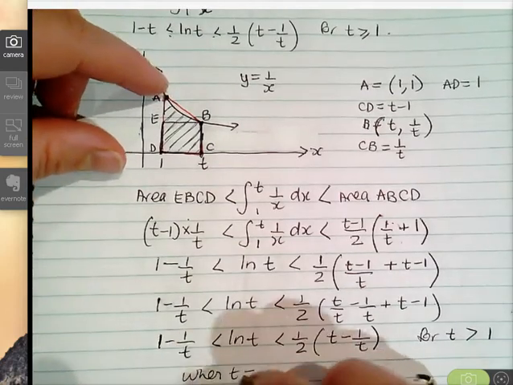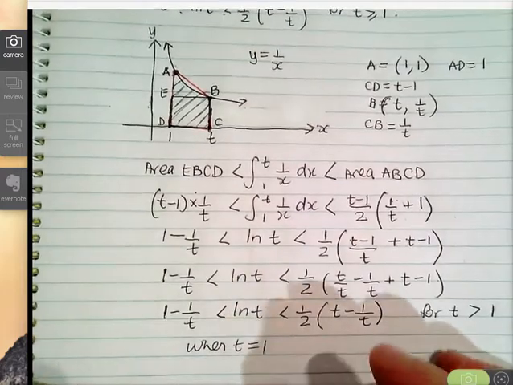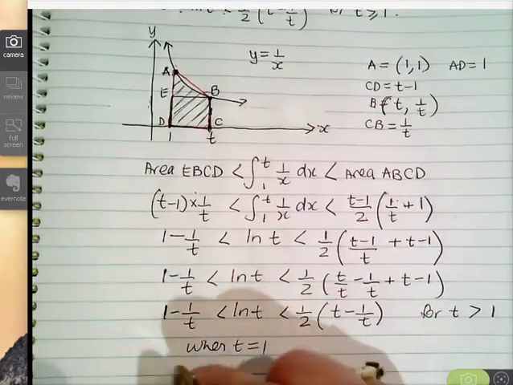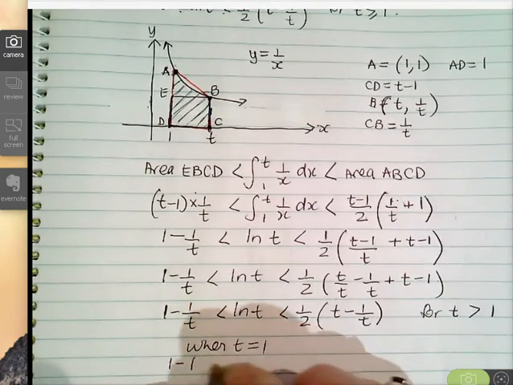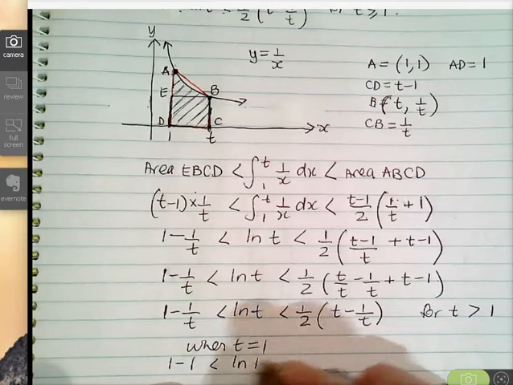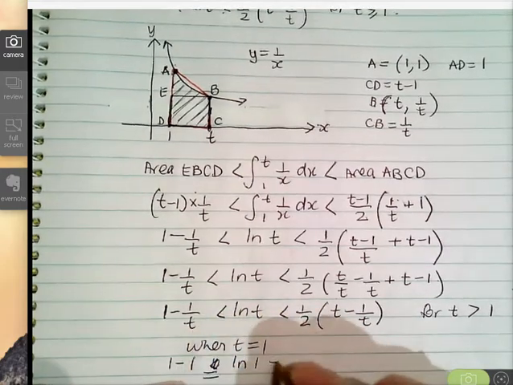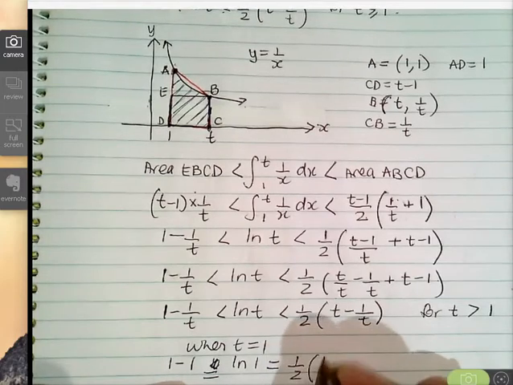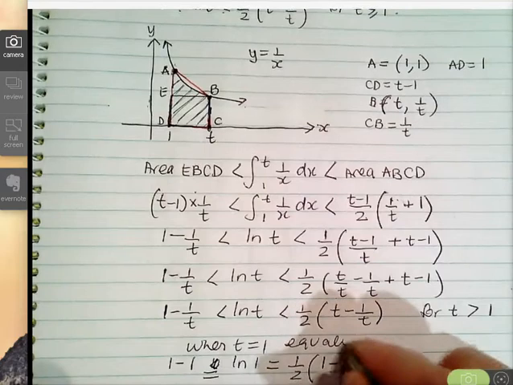Now, when t equals 1, we will find that equality holds, because when t is 1, we get 1 minus 1, and ln 1 is 0, so it'll actually equal a half of 1 minus 1. So when t is 1, equality holds.